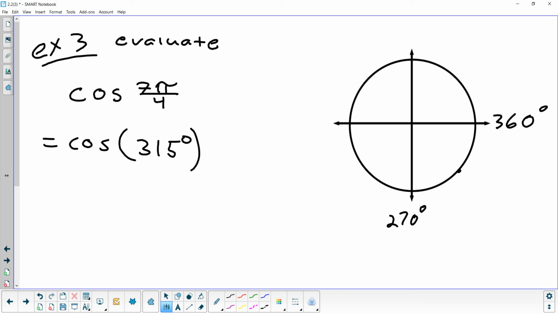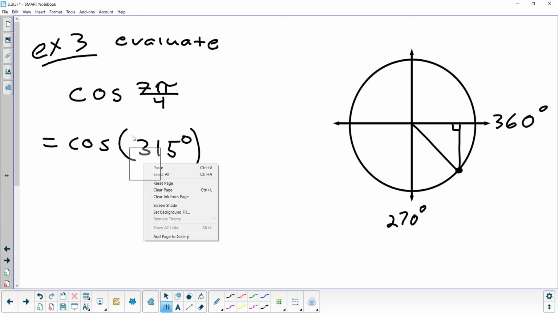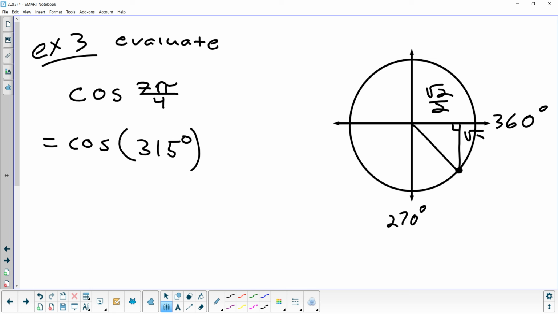So again, it goes right in the middle because this is a multiple of 45. It's 45 times 7. And now we're going to label each side of the triangle. We haven't written the coordinate. All we've done is labeled how long each side is. But now we have to take into account the fact that we went down.